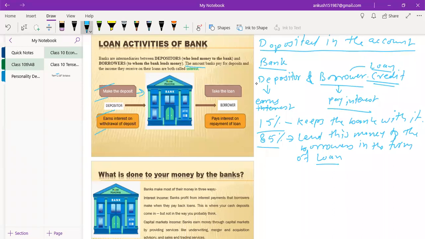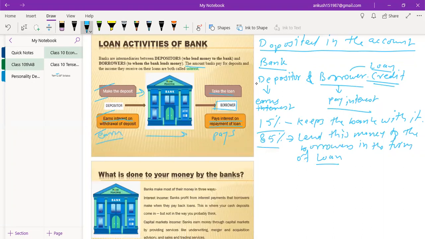On the other hand, take the loan. Who takes the loan from the bank? The borrower takes the loan from the bank. And as the depositor earns interest on the deposited money, the borrower has to pay interest on whatever money he has taken in the form of loan from the bank. So he pays and he earns.